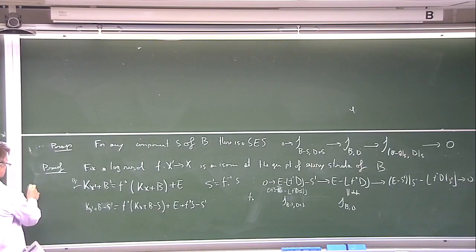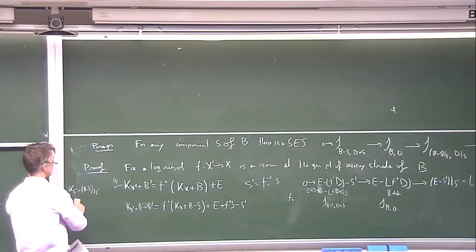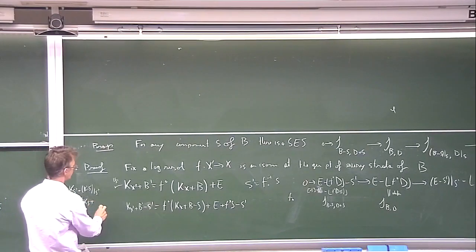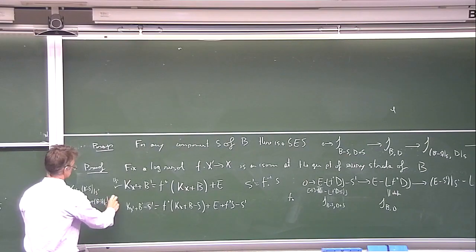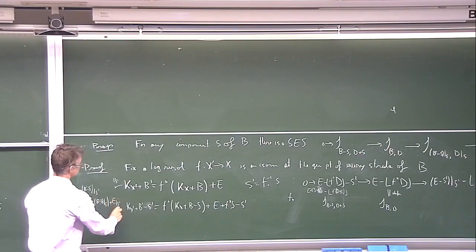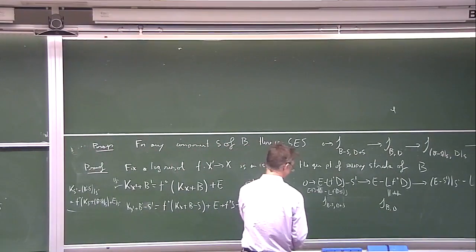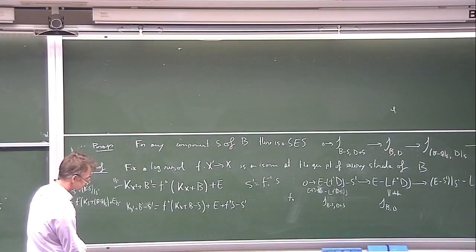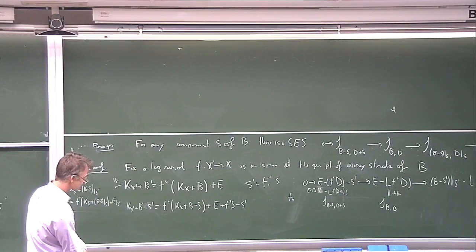And so I'll get K_{S prime} plus B prime minus S prime restricted to S prime is equal to the pullback of K_S plus B minus S restricted to S plus E restricted to S prime. So I'm confused about the E minus S prime.